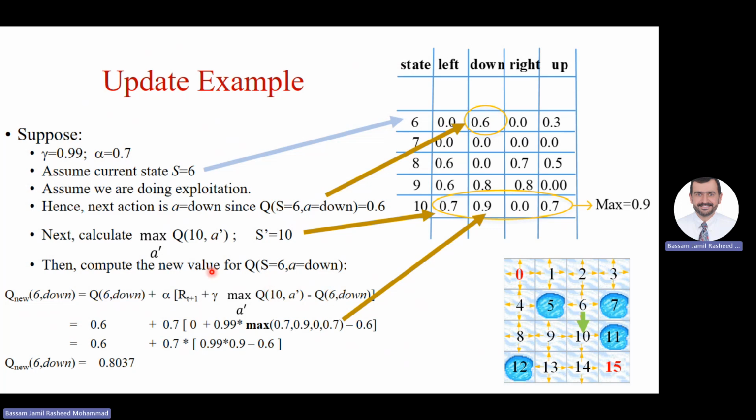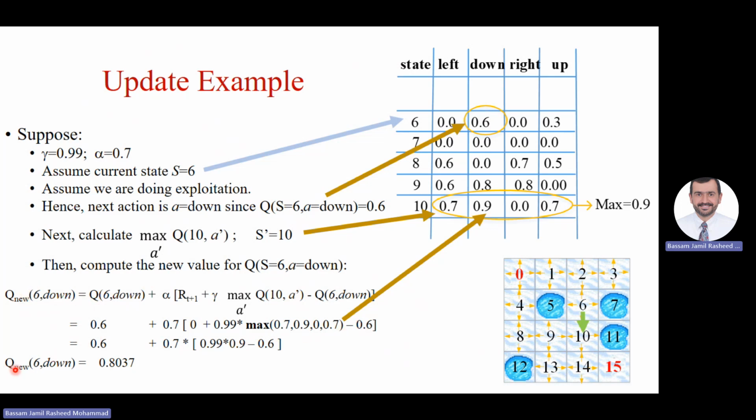Now, plug in the numbers from what we discussed. Q of 6 down is 0.6, alpha is 0.7, it's right here. The discount is 0.99, it's right here. The maximum of all these values here is 0.9, so I plug in 0.9 minus the old value of this one, which is 0.6 as we said.